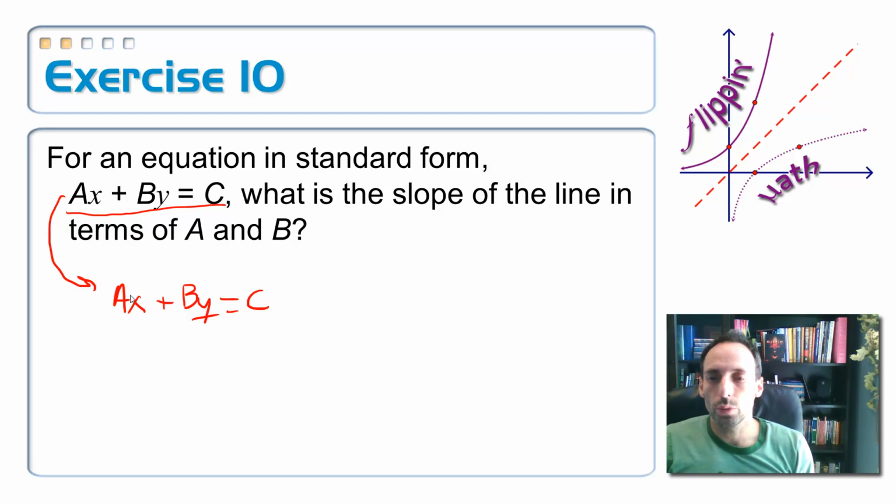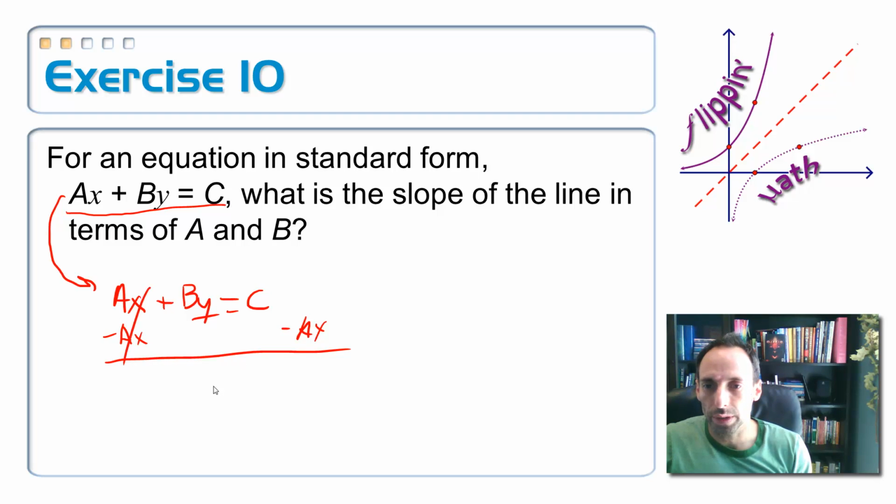ax plus by equals c, and let's just solve that for y. So I want to get rid of the ax term, so let's subtract the ax term over here to get rid of it. And I have by. I'm just going to rearrange these, put them in an order that's usually familiar to me, and that's negative ax plus c. I did that because the x, it's like the mx, and I'm almost there.